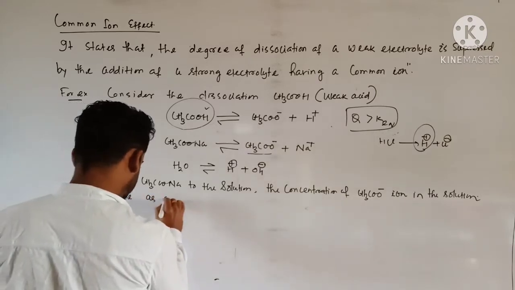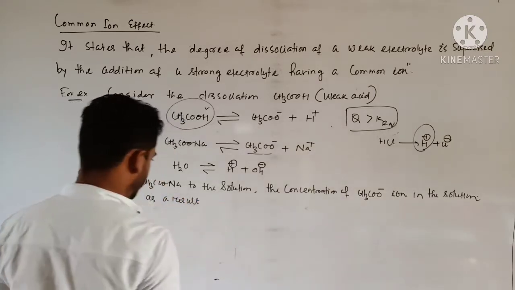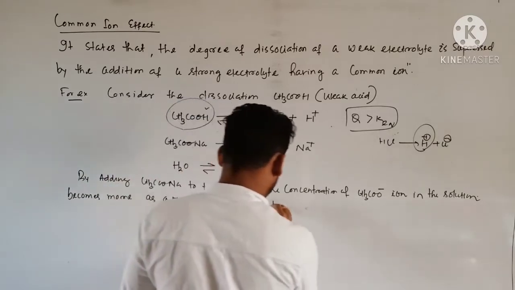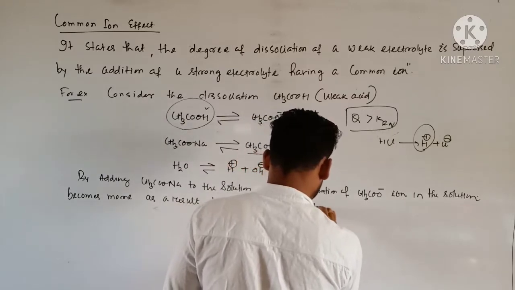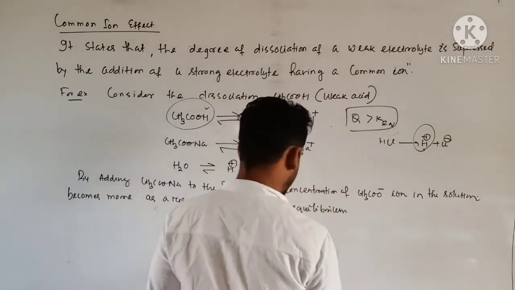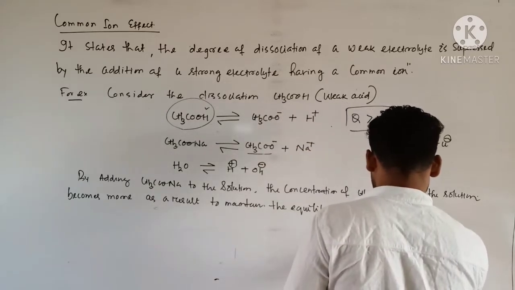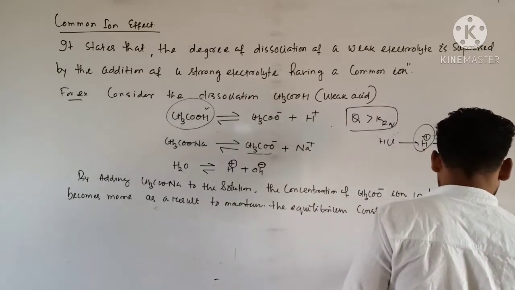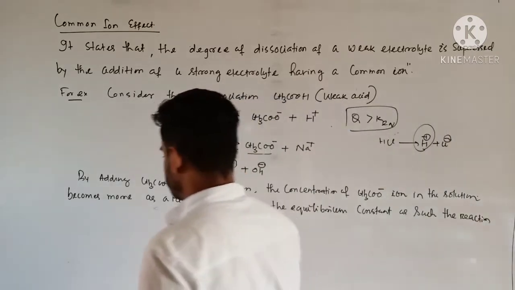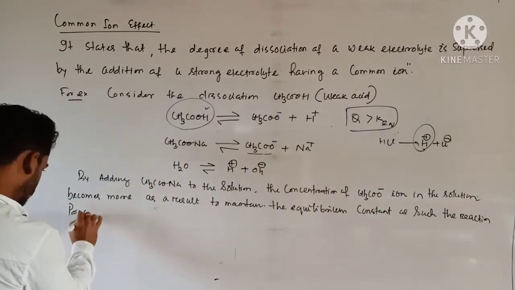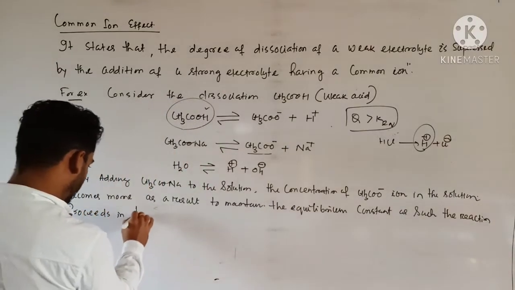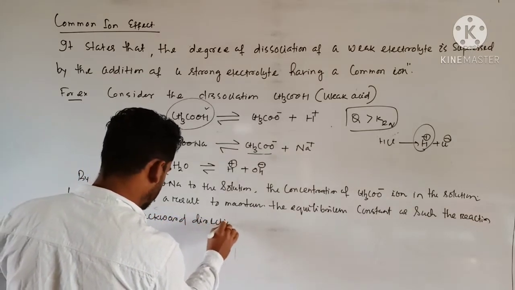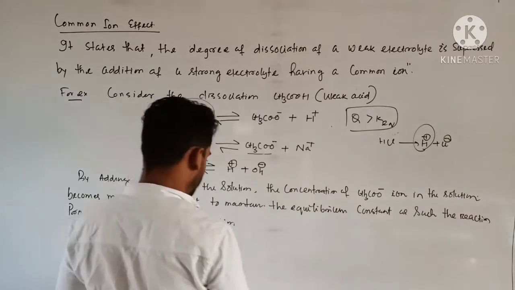As a result, to maintain the equilibrium constant as such, the reaction proceeds in the backward direction, that is towards the formation of acetic acid.